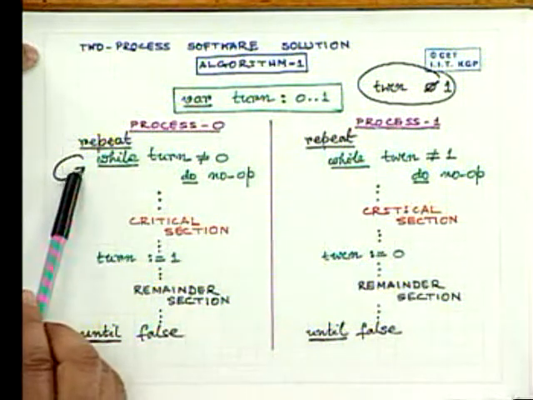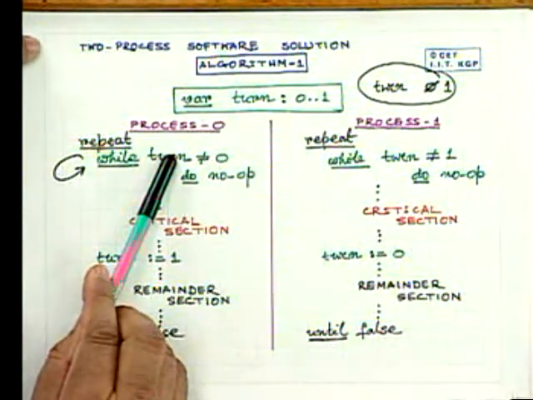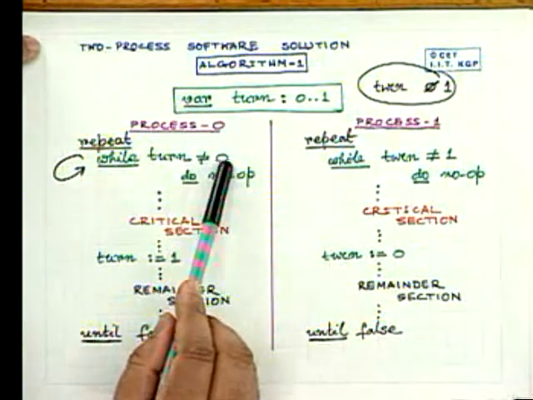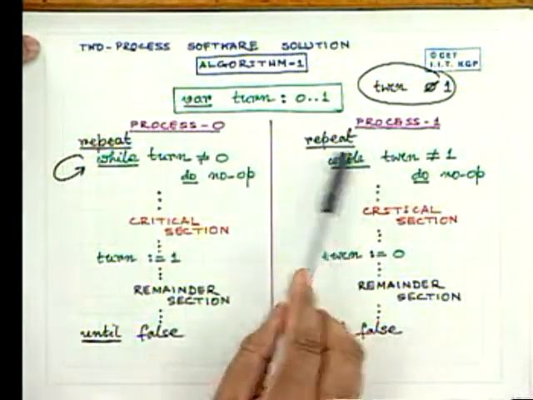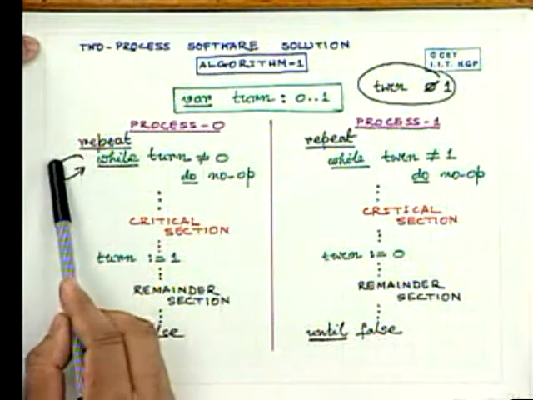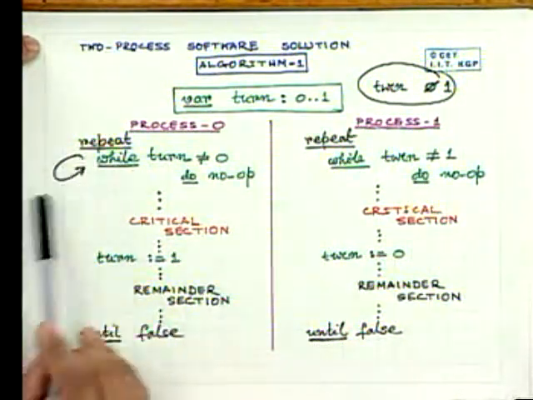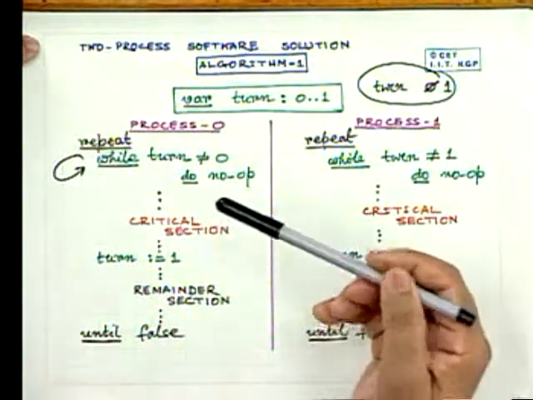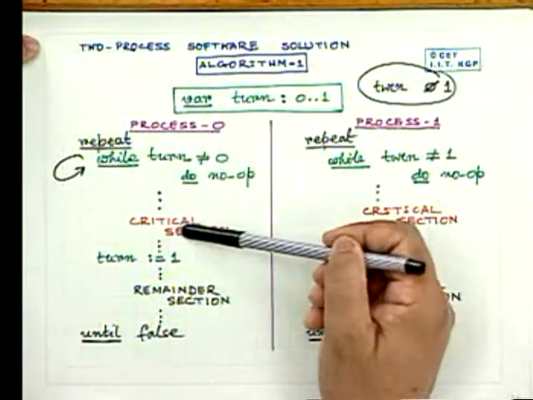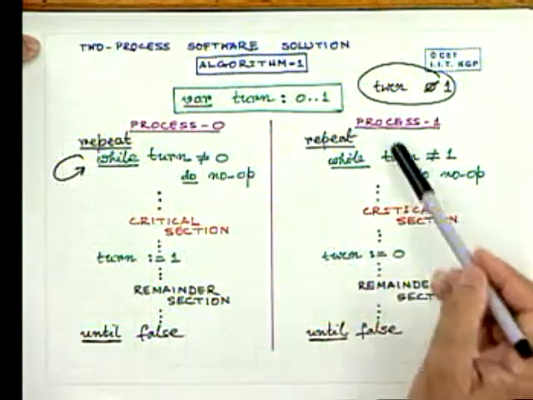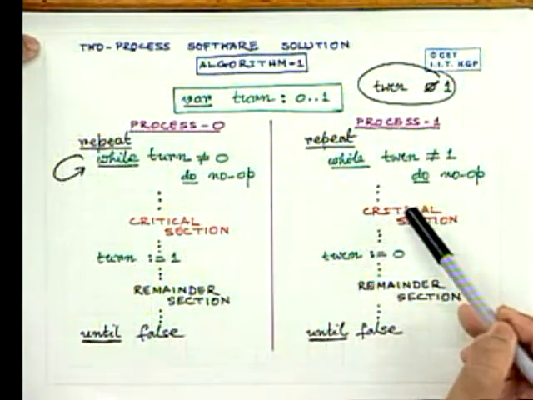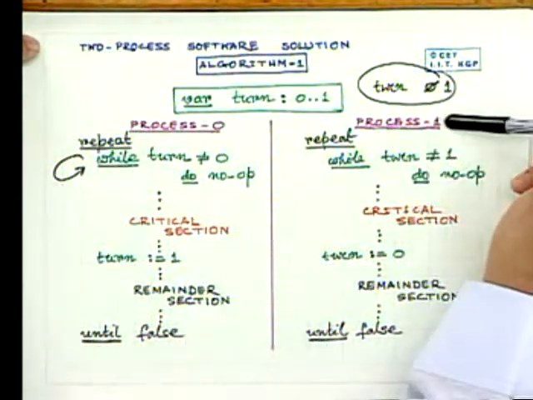Process 0 waits on turn. If it is not equal to 0, that means if it is process 1's turn, then it waits here in a busy wait. Then it enters the critical section, makes turn equal to 1, allowing process 1 to enter the critical section if it is waiting here.